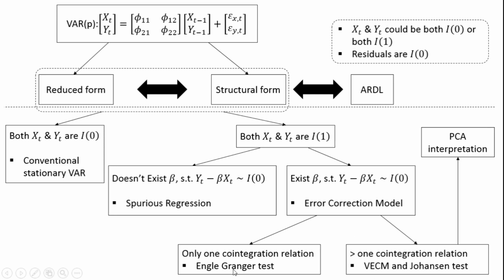So the Engle and Granger test is for the situation with only one cointegration relation, and when we have more than one, we should run a vector error correction model and a Johansen test.